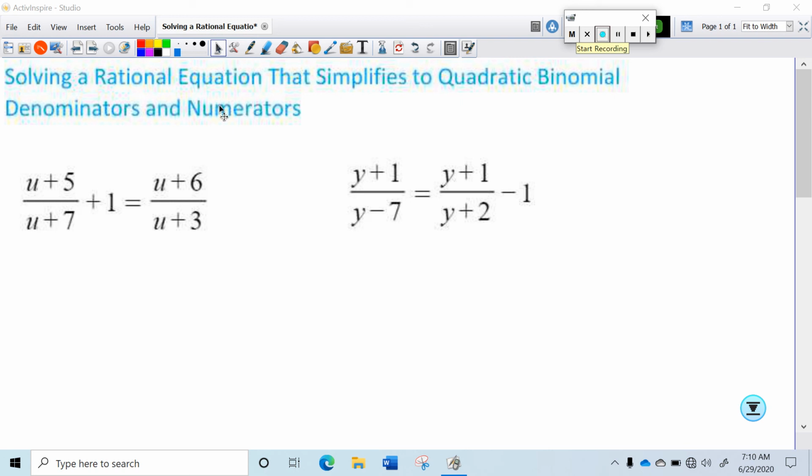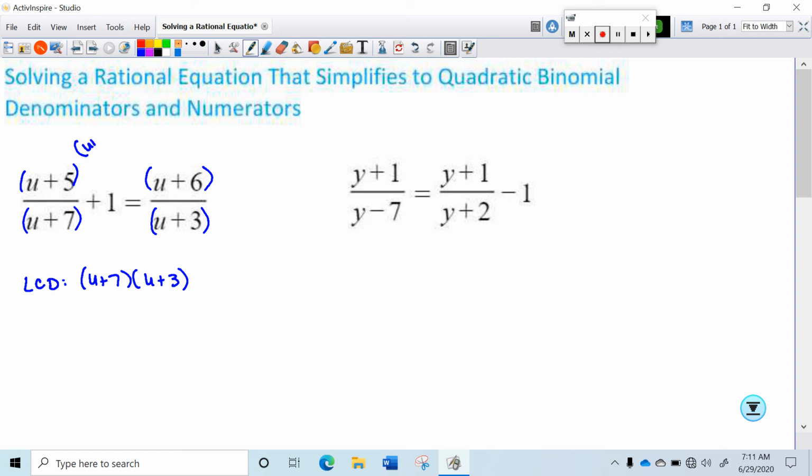Okay, when I have binomials and I'm solving, I'm going to put my binomials in parentheses. And I need to find my LCD, which is one of each family. So I've got a u plus 7 and a u plus 3. Once you find that, you put that with each term.